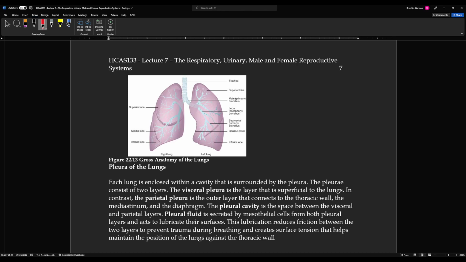Mesothelioma is essentially related to those cells and is an oncological condition related primarily to exposure to inhaled particles that cause lung disease.